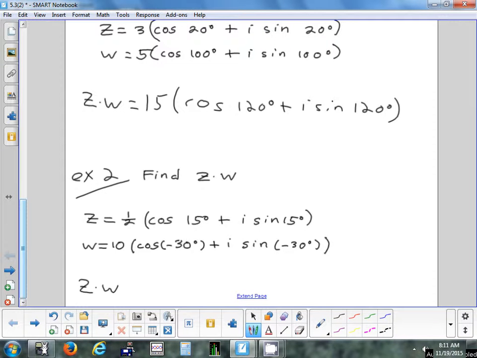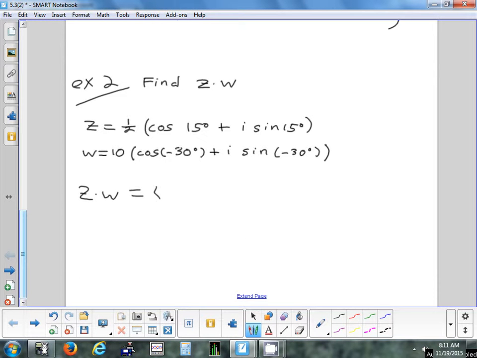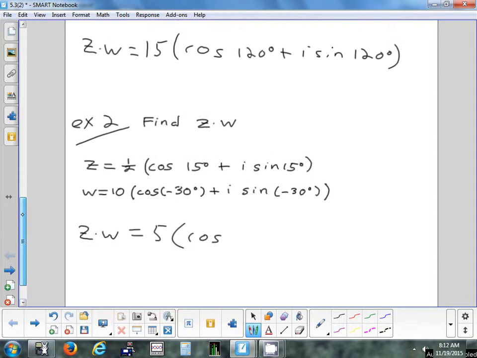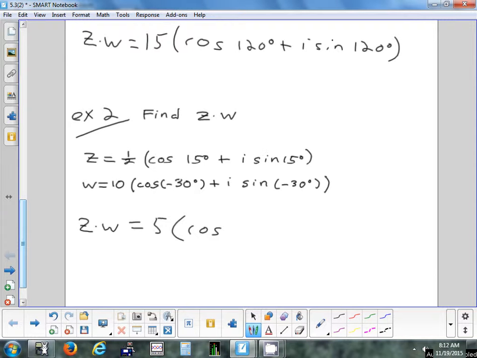R1 times R2, 1/2 times 10. And what about my angle? Negative 15. Yep, we'll talk about that. Any question on how we got the 5 or the negative 15? We just multiplied those, we added those.